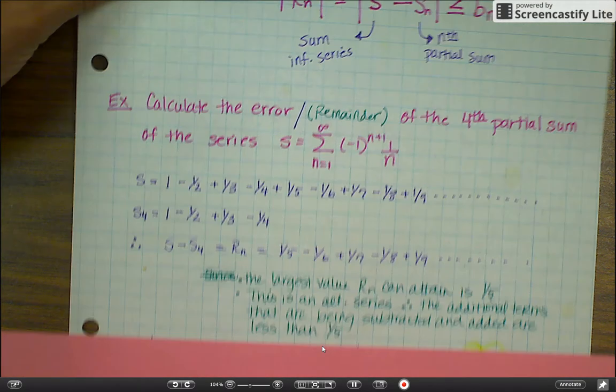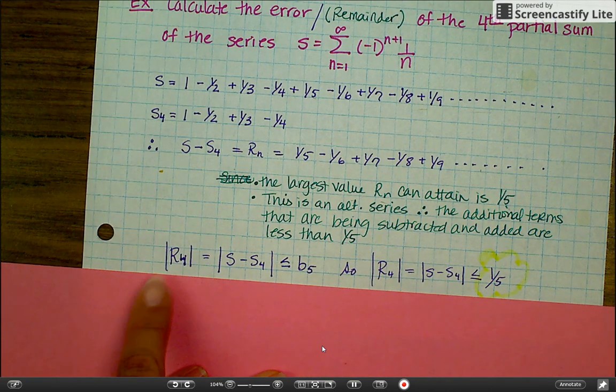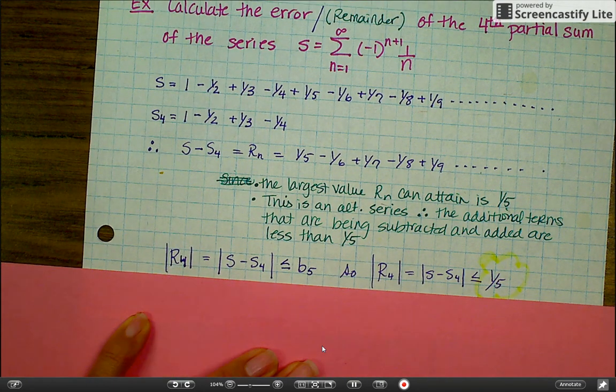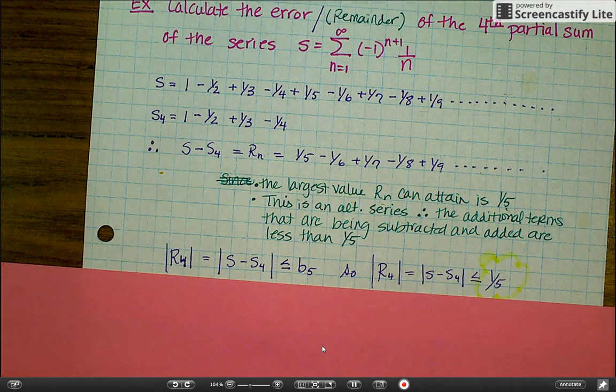And so if I put it straight into my theorem, it says the absolute value of the remainder of the fourth partial sum, the series minus the fourth partial sum, has always got to be less than or equal to the absolute value of the fifth term, which in this case is 1/5. And that is how you calculate that.